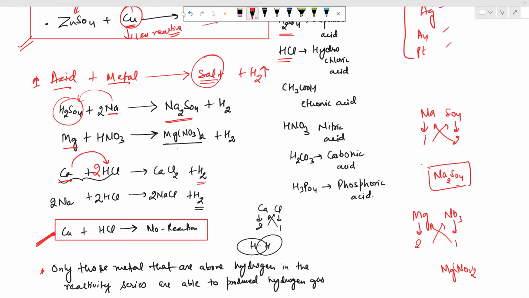No, sir. So the magnesium nitrate formula will be Mg(NO3)2. Like calcium reacting with HCl will give you calcium chloride, CaCl2, plus hydrogen gas. Write this down and then tell me why this reaction is not going to take place.